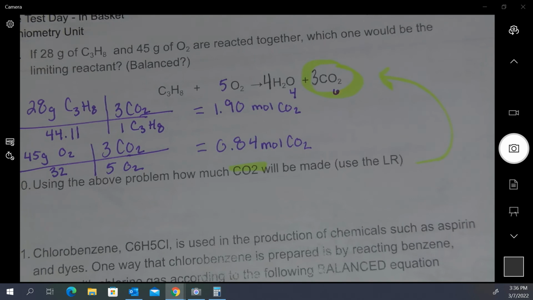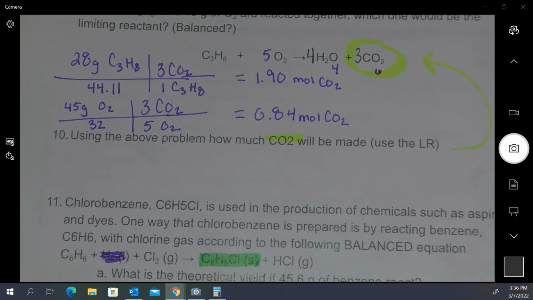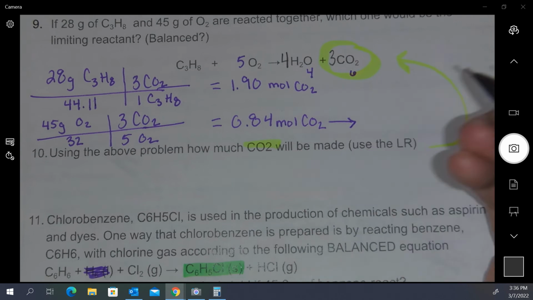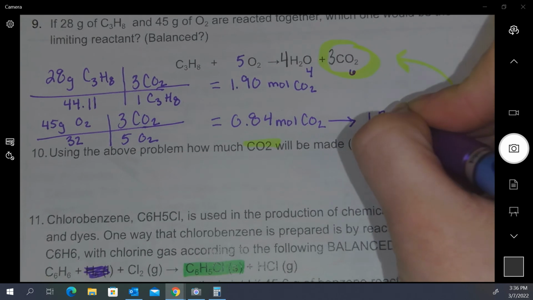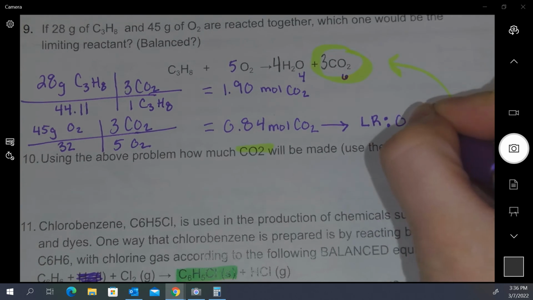So how many moles of CO2 am I really going to make? Am I going to make the 1.9 or the 0.84? We're going to make the 0.84 because that's smaller. So our limiting reactant is what? Propane or oxygen? Oxygen.